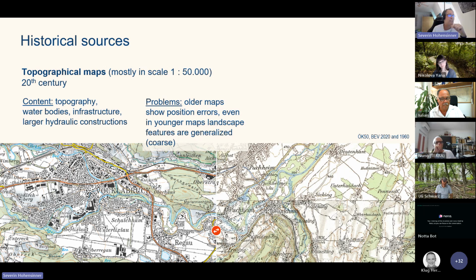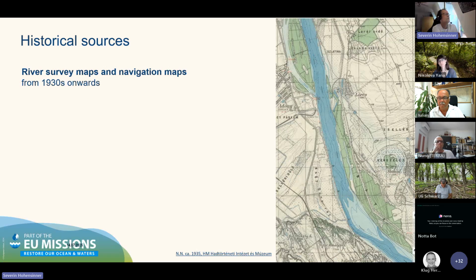It's generalized and not so detailed. But it can be used for larger water bodies. The larger the water body is, the more acceptable it is, and it can of course be used for large-scale studies.